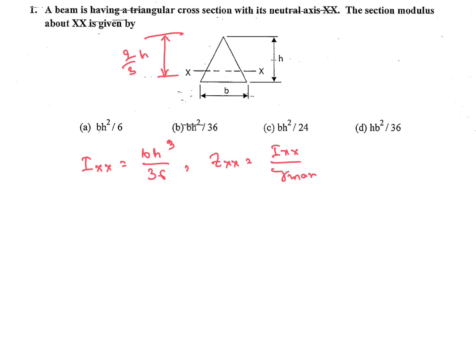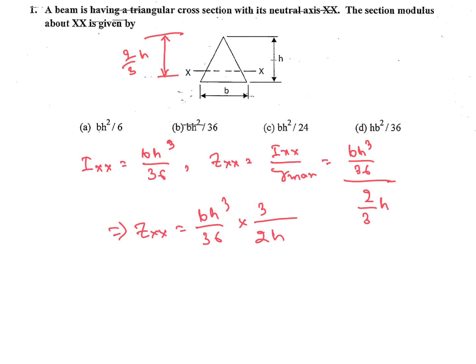So bh cubed by 36 divided by 2 by 3 h. So Zxx equal to bh cubed by 36 into 3 by 2h, 3 by 12 h square.